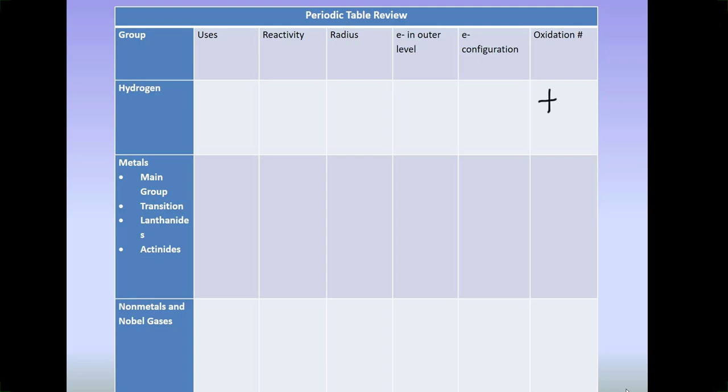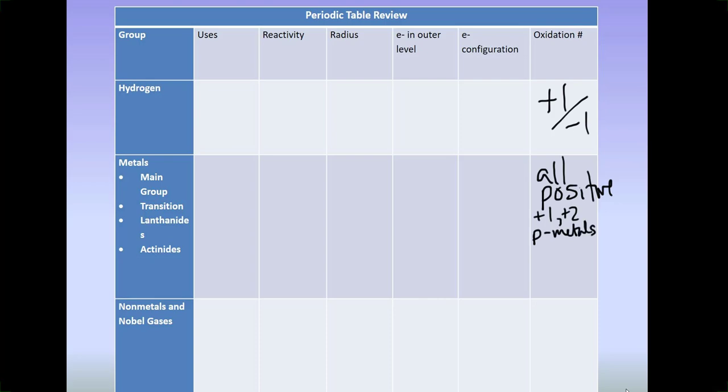So we know oxygen mostly is a -1 in its oxidation number, though it can form other oxidation numbers. Your metals are all positive. We know that the main group metals can have a +1 or a +2. Your P metals, they can get a little bit bigger.